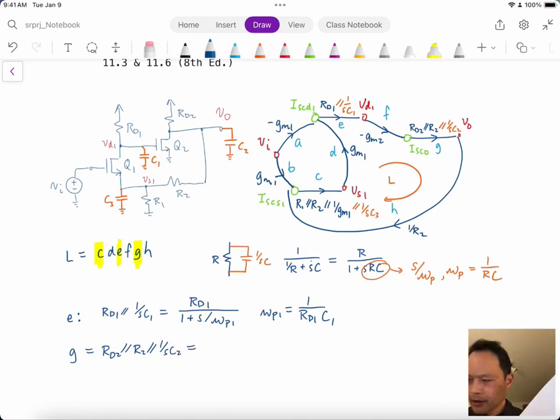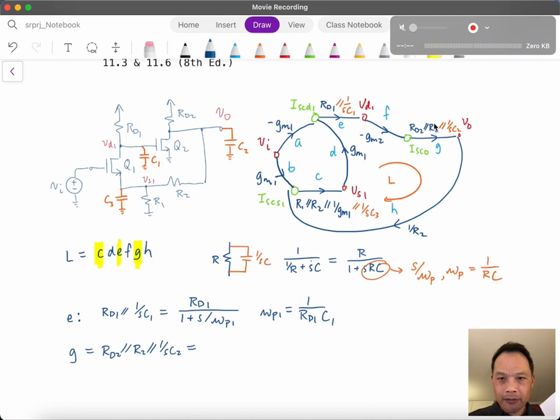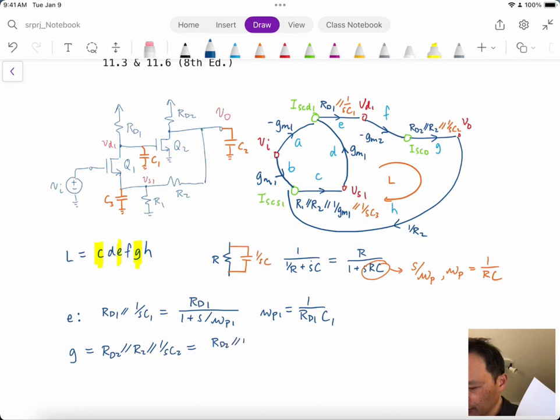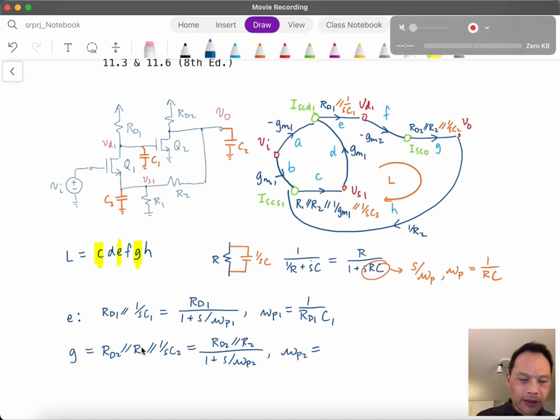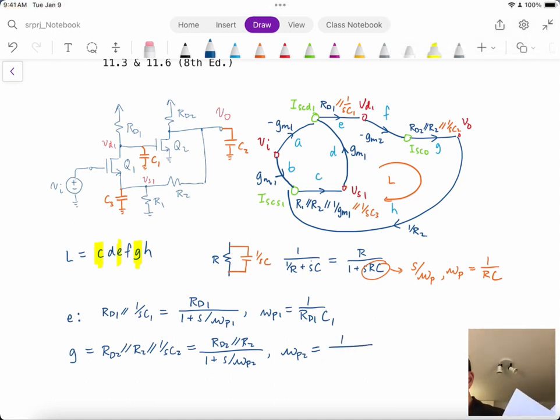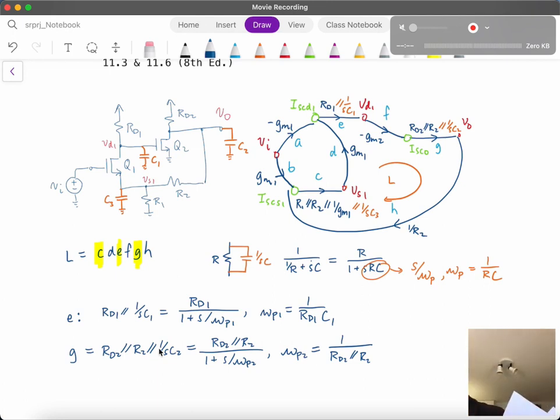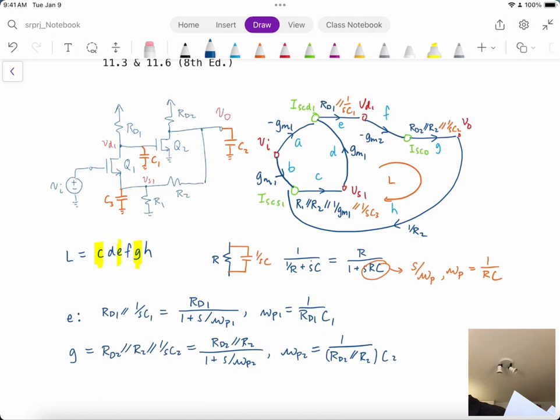So we can see that we can rewrite it as simply the original impedance, RD2 in parallel with R2, over 1 plus S over omega P2, where omega P2 is, as we said, 1 over the product of the resistance, which is RD2 in parallel with R2, multiplied by the capacitance C2.